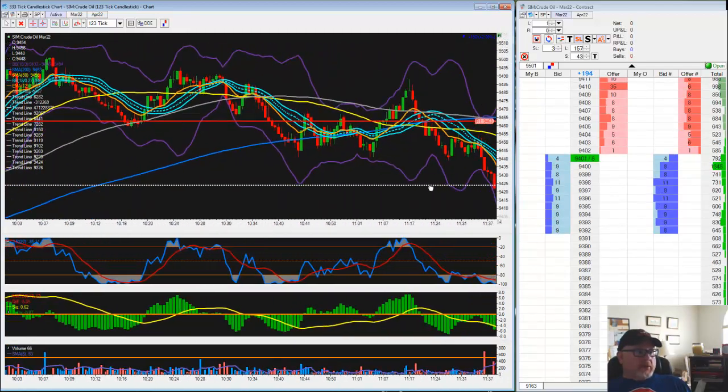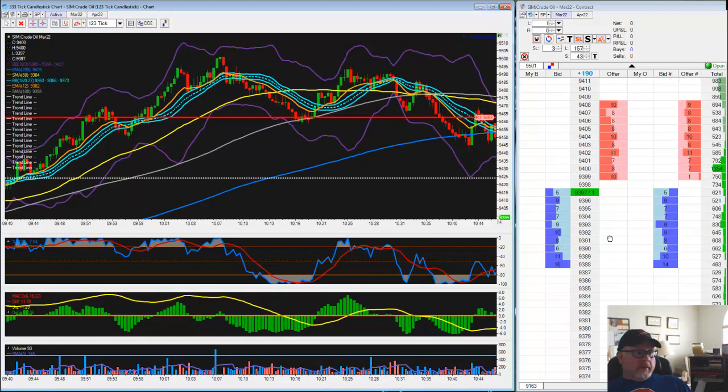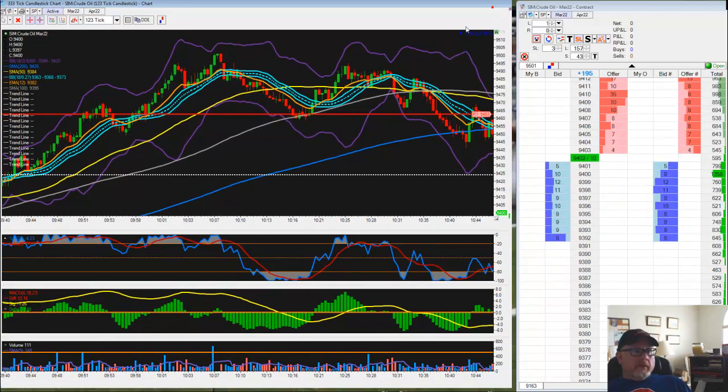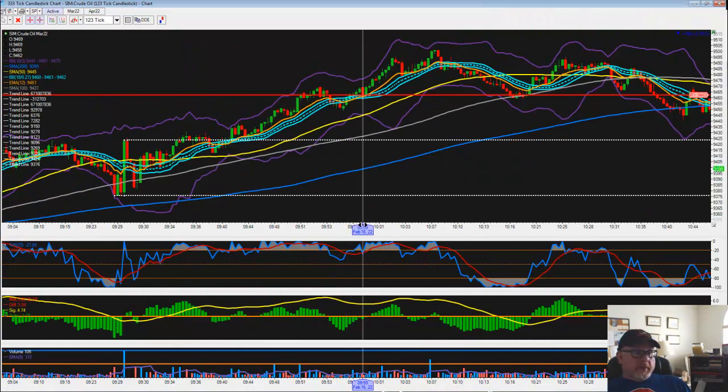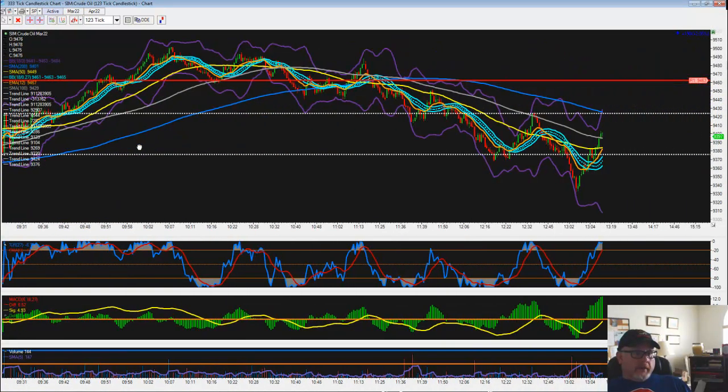If we look at the trend, smush this together a little bit. You can kind of see where that top is.